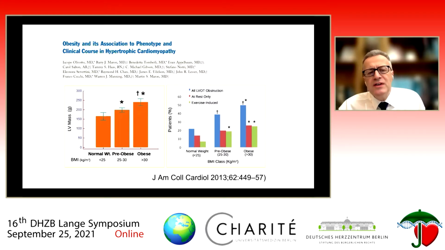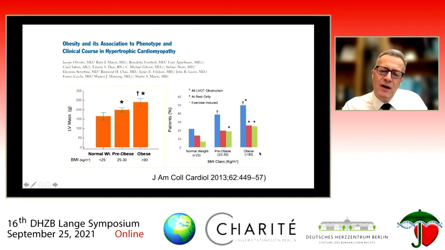I think there's also increasing interest in the relationship between other common disease traits, particularly hypertension, obesity, diabetes, and the expression of rarer variants. So in the case of hypertrophic cardiomyopathy, we can see in people who have a clinical diagnosis that there is a relationship between the left ventricular mass and body mass index.